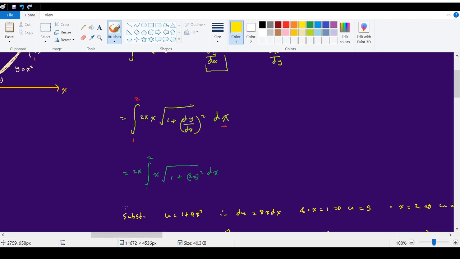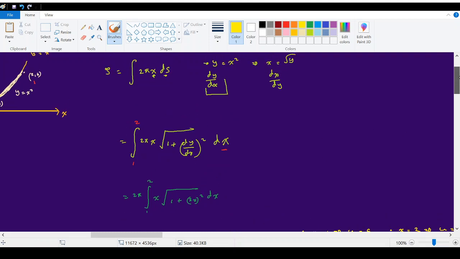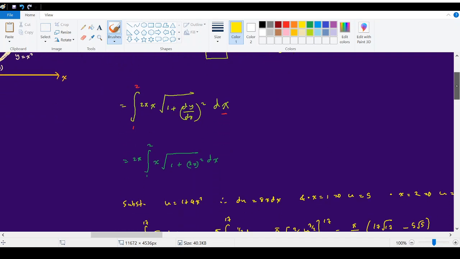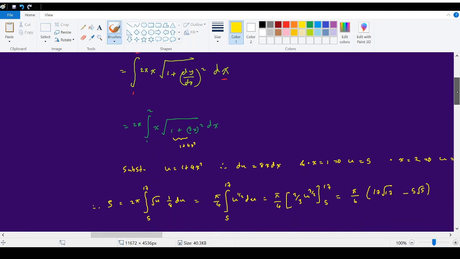Now we have the value for dy by dx, which is equal to 2x, so (dy by dx) squared will be equal to 4x squared. So here you will have a 1 plus 4x squared term, and you can use the substitution method.